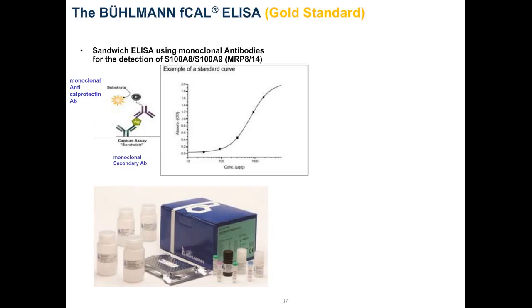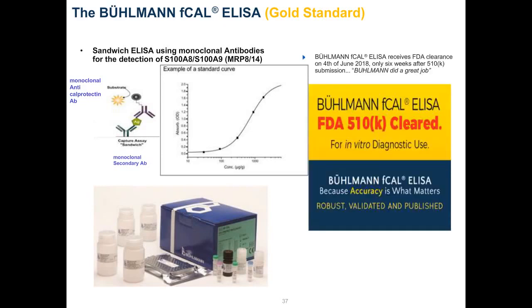And we like to say that our assay is robust, it's validated, and not least, it's published. And most of these CRO labs now are using the Bühlmann calprotectin kits in their labs, commonly used by the pharma industry.